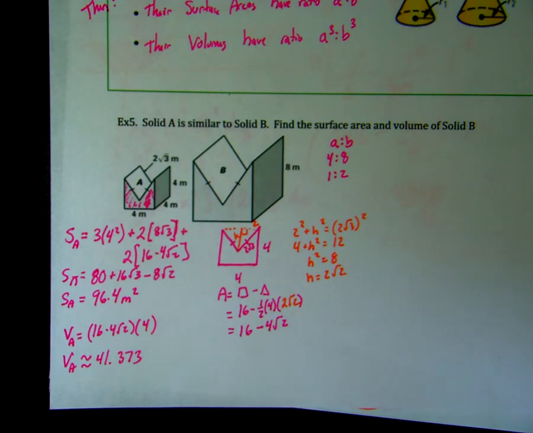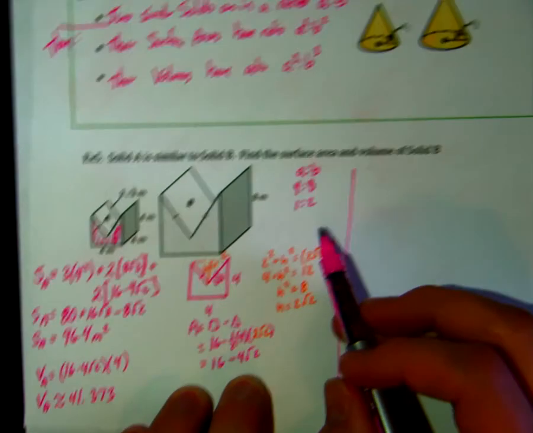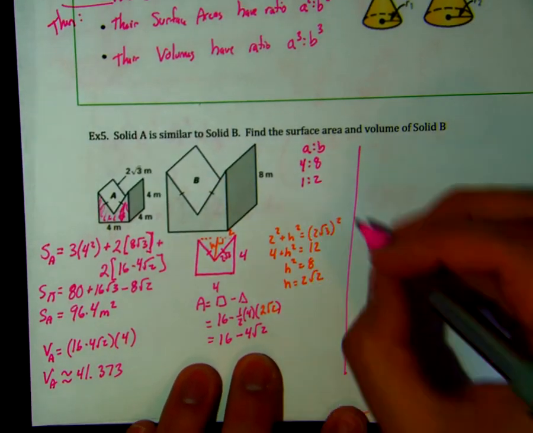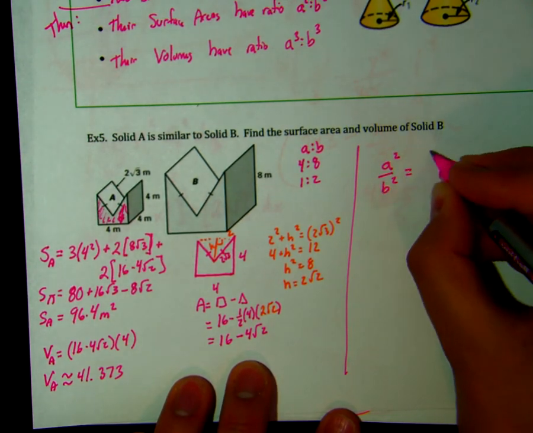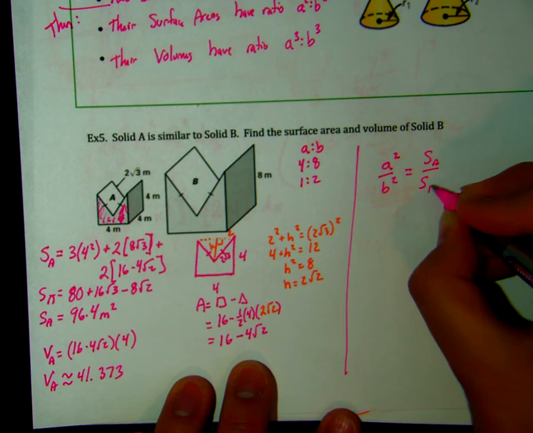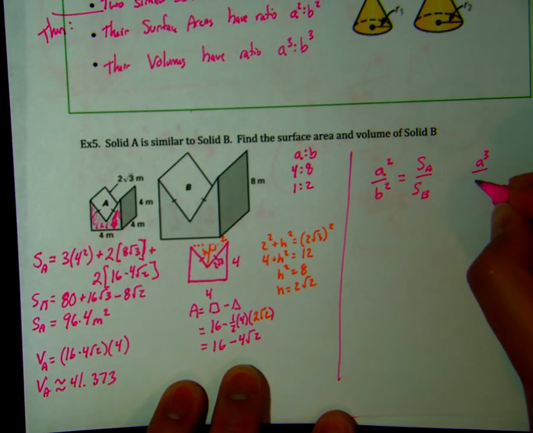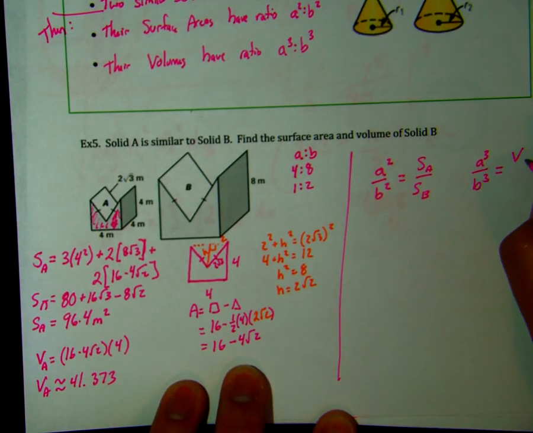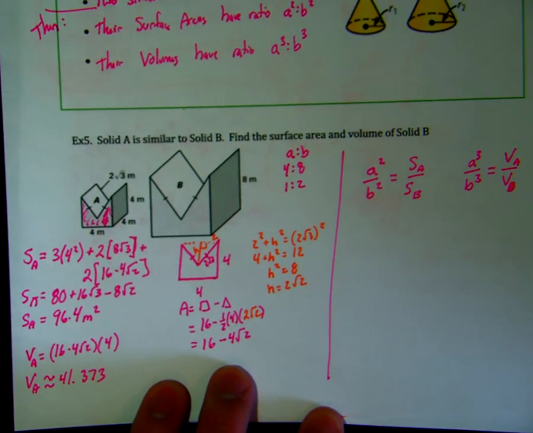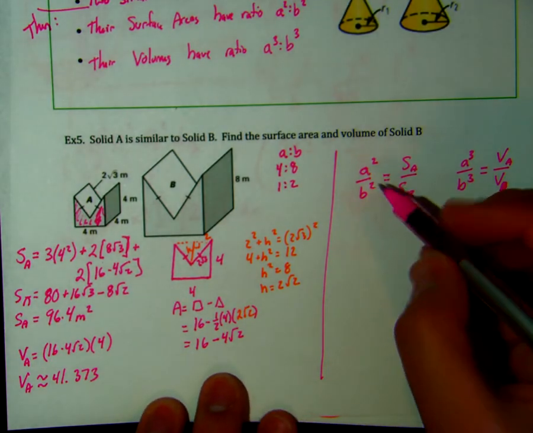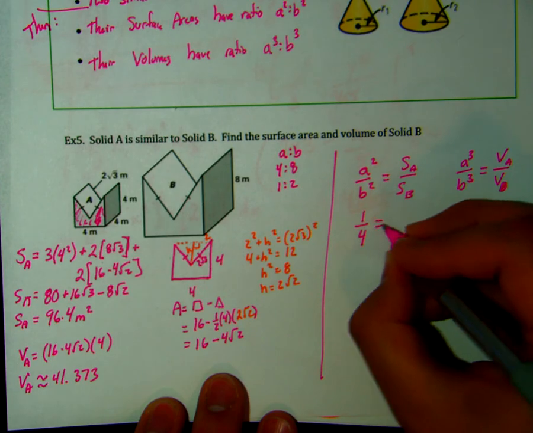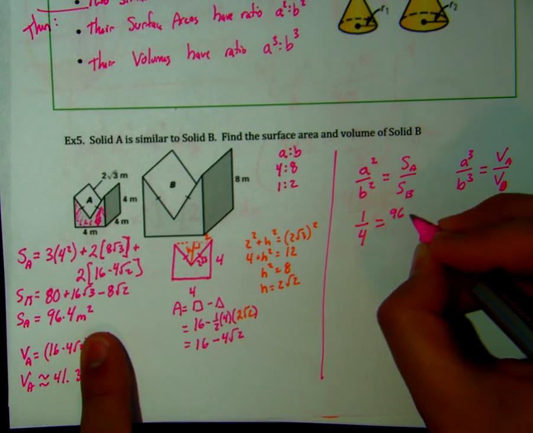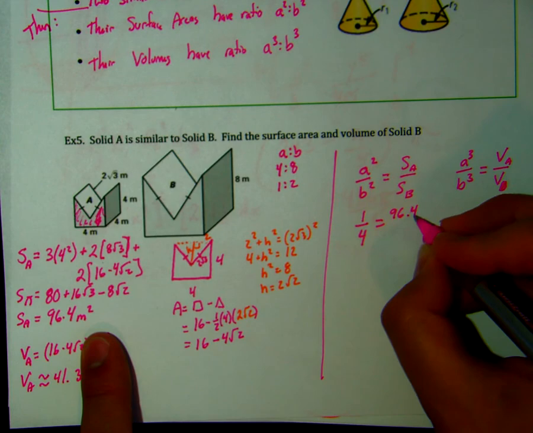So if I want the surface area and volume of shape B, and I know that they're in this ratio of 1 to 2, I know that A squared to B squared is the ratio of the surface areas. And I know that A cubed to B cubed is the ratio of the volumes. Okay? So here you have 1 squared over 2 squared. This is 1 over 4. The surface area here is 96.4.